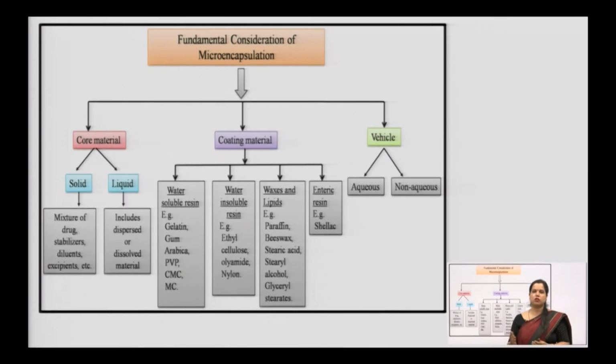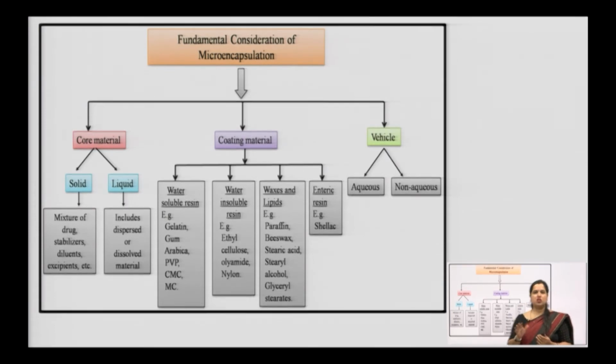All the stearate types we can use for microencapsulation come under waxes and lipid nature polymers. The last category is enteric resins, shellac. Shellac is a natural polymer which we use specifically for enteric reasons, because the polymer degrades or erodes at the enteric pH only.